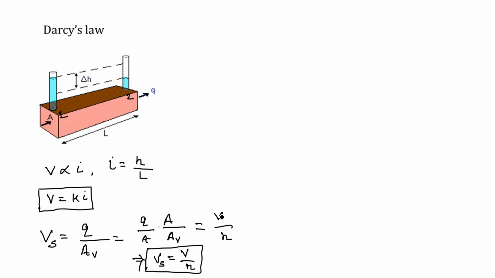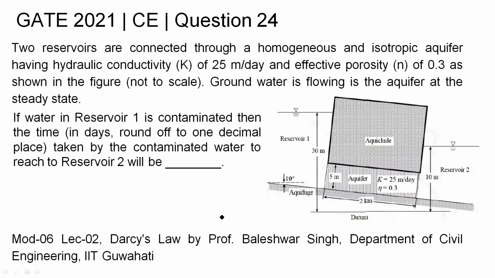Now coming to our question, we need to find the time taken by the water from point 1 to point 2. We know time is equal to distance by velocity.